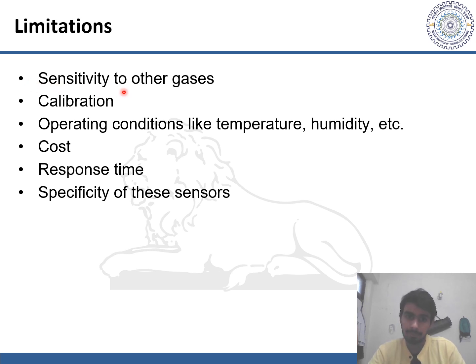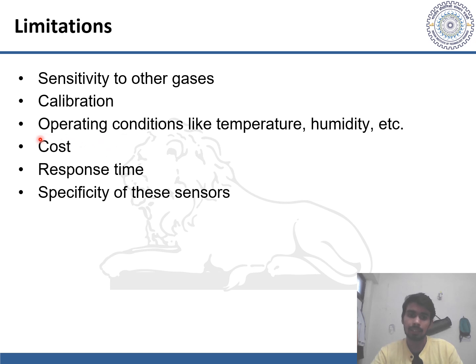In calibration, there is a need of periodical calibration to ensure accuracy of the sensor. Operating conditions like temperature, pressure, humidity, they interfere with accuracy, sensitivity, and selectivity.